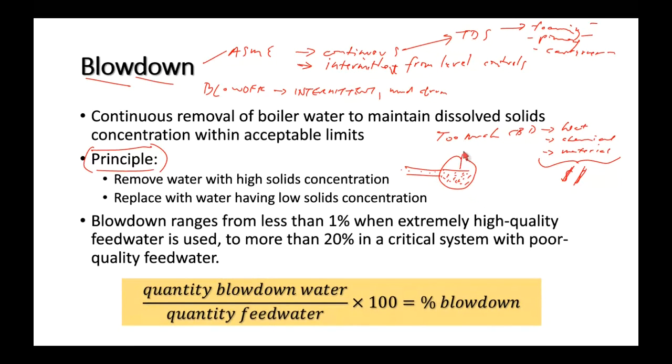And if our TDS is too high, then we need to discharge material with a high concentration and replace it with feed water with a very low concentration. And that, my friends, is the only way we can control dissolved solids concentration.